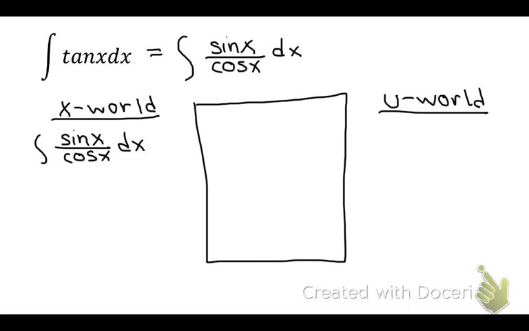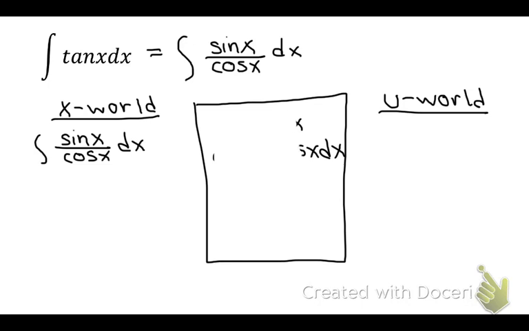What if we let u equal sine x? My differential would then be du equals cosine x dx. Now, it is true that there's a cosine floating around somewhere in the problem, but we don't need cosine x dx, we need 1 over cosine x dx. So this choice of u actually isn't going to work.